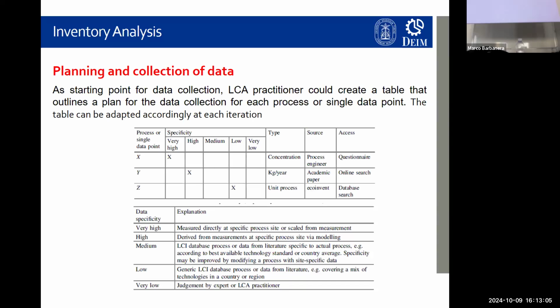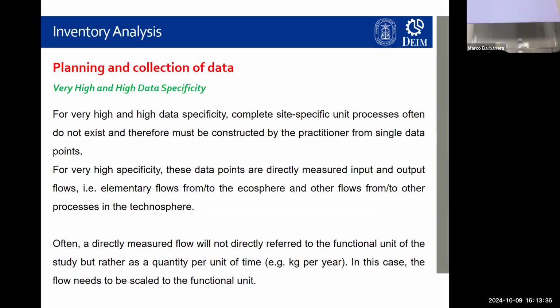In particular, in this slide, you can see that it's possible to identify data with different quality, from very high quality to very low quality. Very high quality is for data directly measured, for example, in a company. So our primary data, very high and high data, are data obtained, I repeat, from the company.